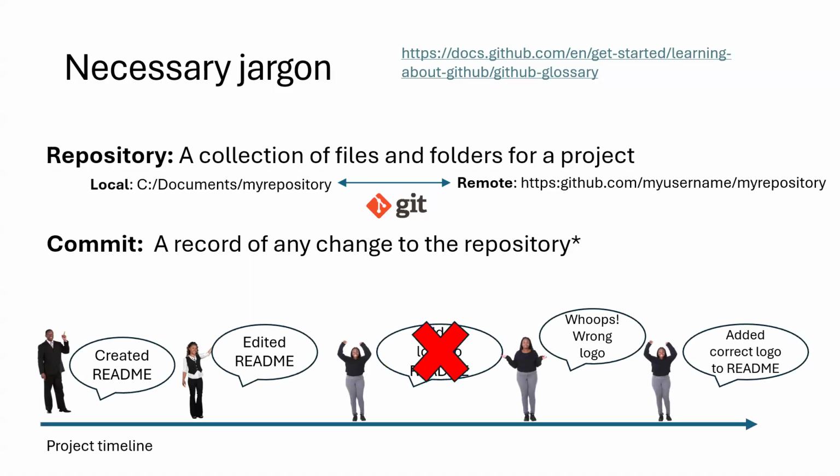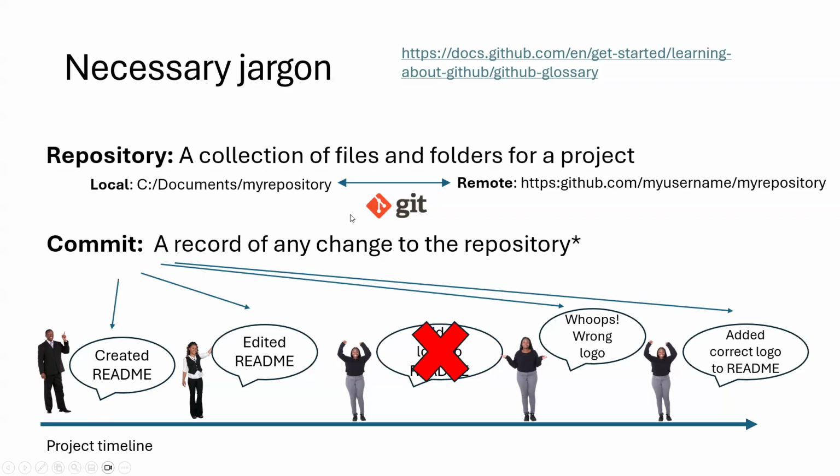So in this example, each one of these speech bubbles is the commit message, and it corresponds to whatever this person did in the project and what files they created, saved, deleted, whatever. So those are the two core terms that will come up. There will be many more, but we'll get to those as we go through the workflow.